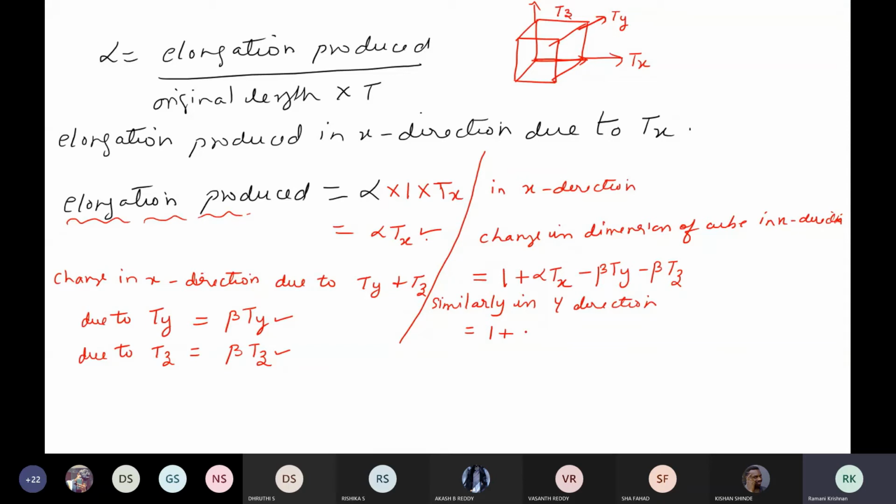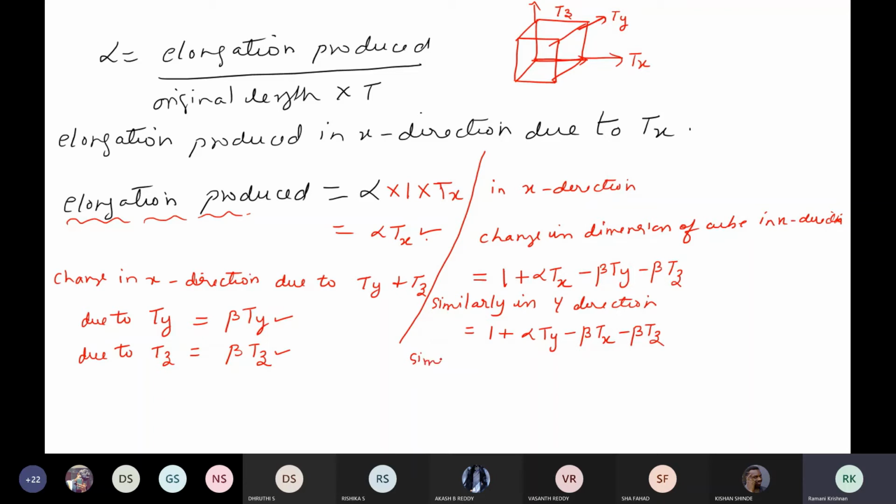Which stress is alpha with? Ty. Very good. Then minus beta Tx, correct, minus beta Tz. Quite simple. The forces acting perpendicular are compressing, so beta. The forces in the same direction are elongating, so plus alpha. Okay, I think now you can understand.